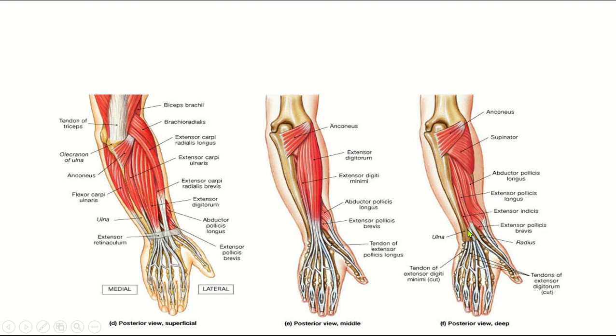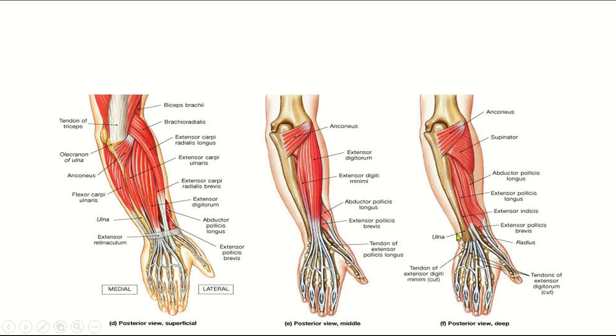This is extensor indicis, and extensor pollicis brevis and its tendon. So: anconeus, supinator, abductor pollicis longus, extensor pollicis longus, extensor indicis, extensor pollicis brevis.